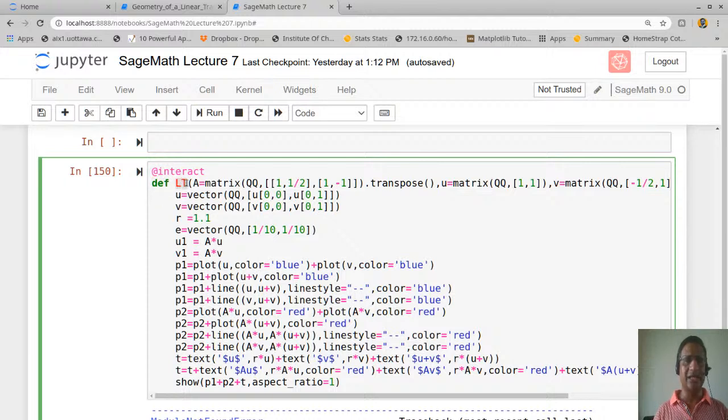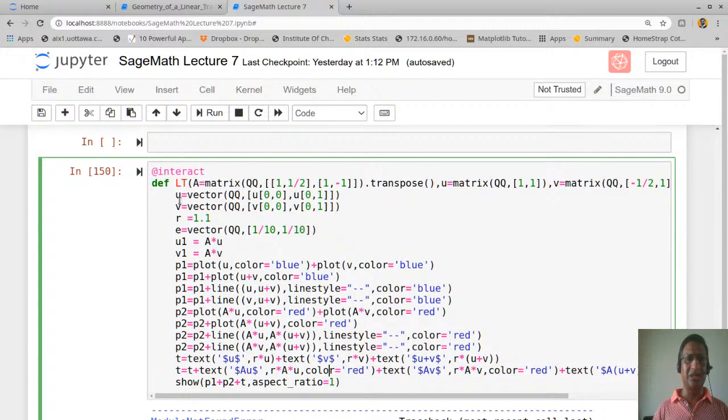I have called it LT, take a matrix, and then u and v are also taken as matrices, and using coordinates they are converted into vectors, but you can define them as a matrix. Then you plot u, Au, v, Av, and then join them by a dotted line, and of course you are adding some text that is the label of the vectors u, Au, v, Av, etc., and then ultimately you just show this.